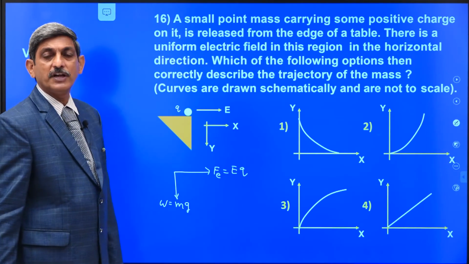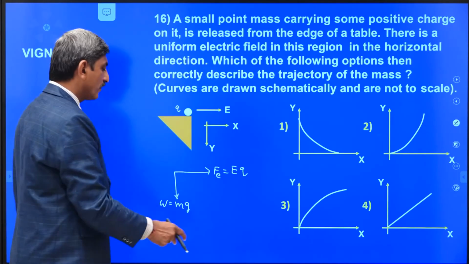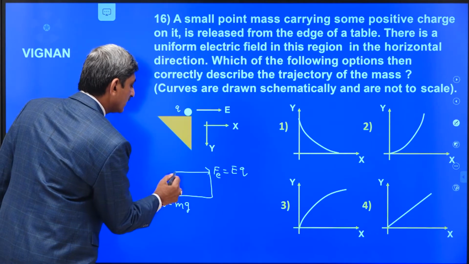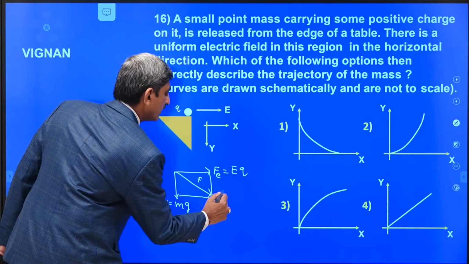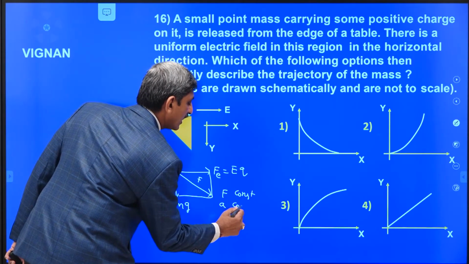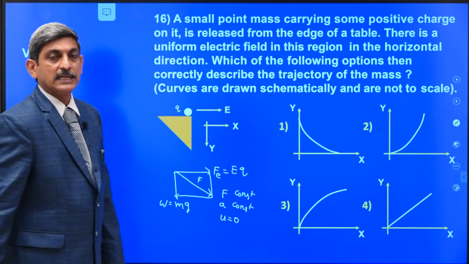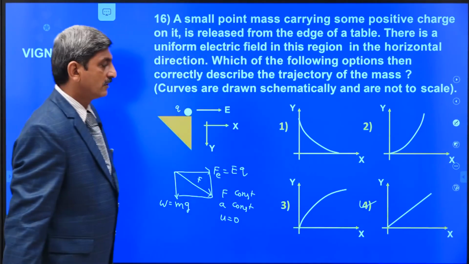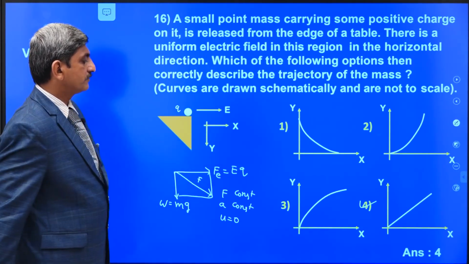The force due to the electric field is acting in the horizontal direction. This is a time independent force. This is also a time independent force. As a result, the resultant force acting on the particle is also a time independent force. That's why F is constant, so a is also constant, and the body starts from rest. That's why the motion of the particle is described by the fourth graph in the given options. So your option is 4.